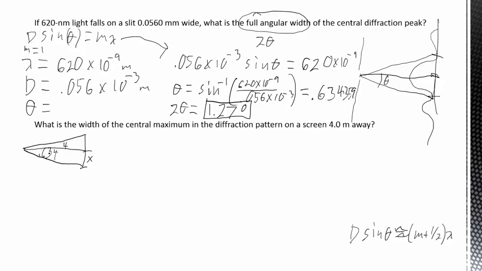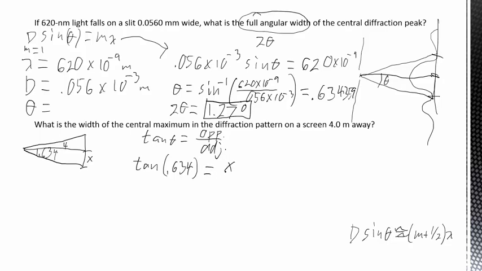So anyway, we've got our angle here, we've got the length of our adjacent side, and we're trying to find our opposite side. So relating opposite and adjacent, we want to use tangent. So we've got tangent theta equals opposite over adjacent, and in our case that gives us tangent of 0.634. Now I'm only writing those 3 digits, but in my calculator I kept all these digits and then some.